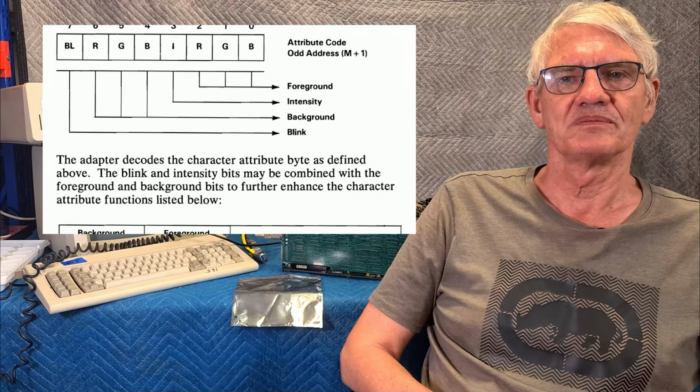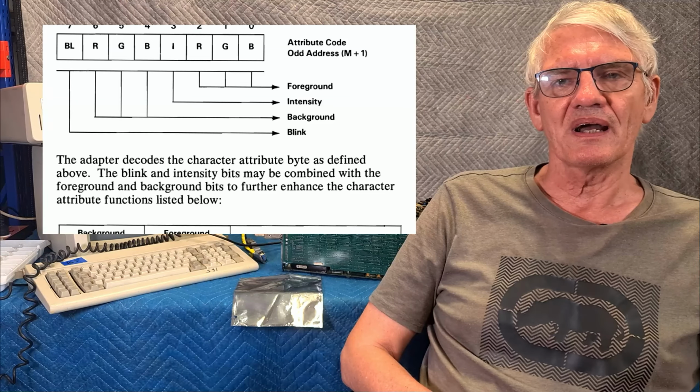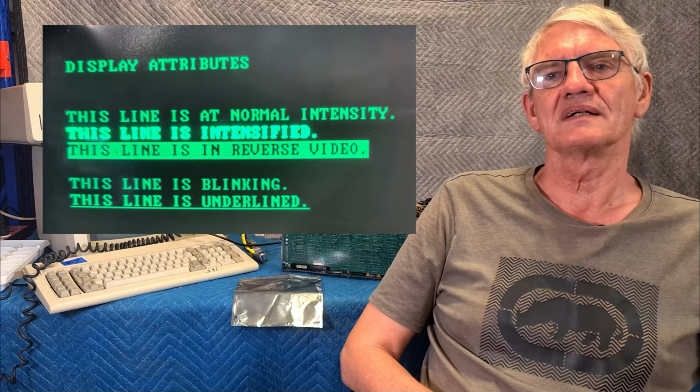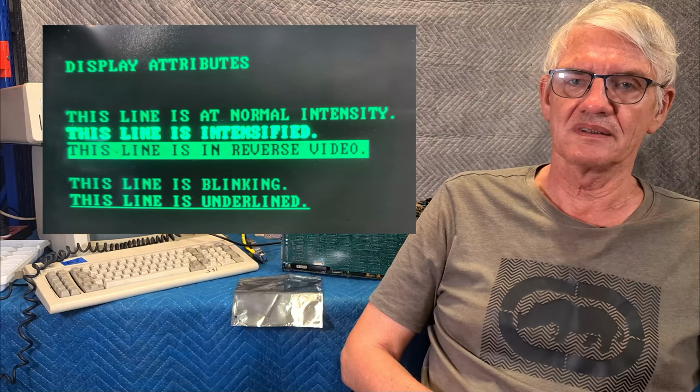Well, it's because in addition to each character, we have another byte which dictates how that character is to be displayed. This is called the attribute byte. The MDA can display highlighted, blinking, underlined, and even characters in reverse video.